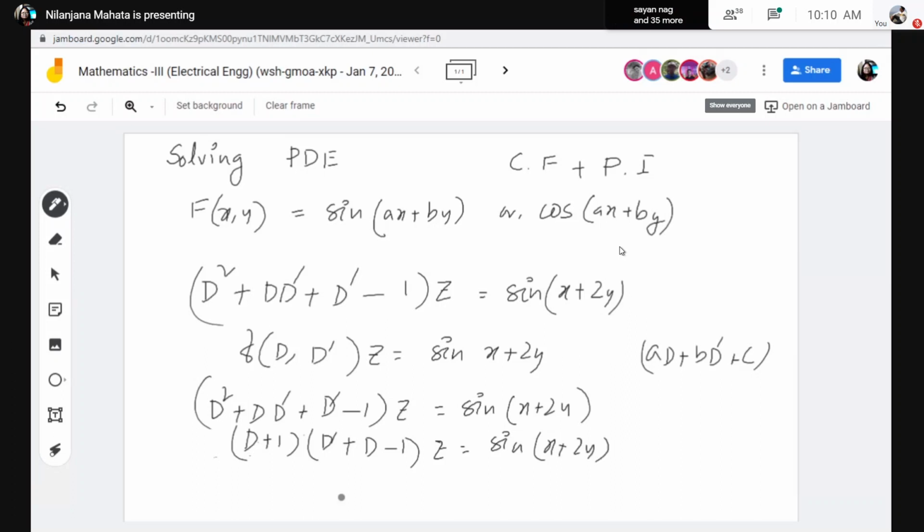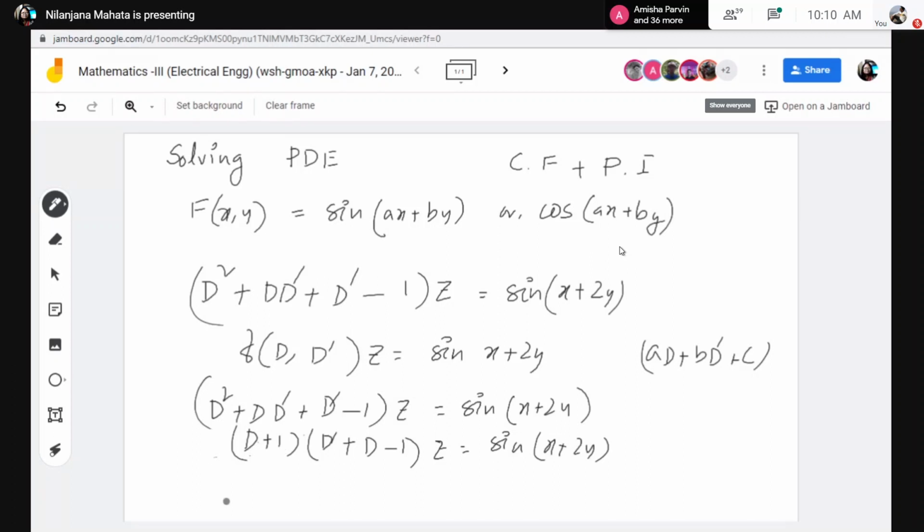Now you know how to find out the CF for this. This is A, B, C. Your C is 1 here, B is 1, A is 1.